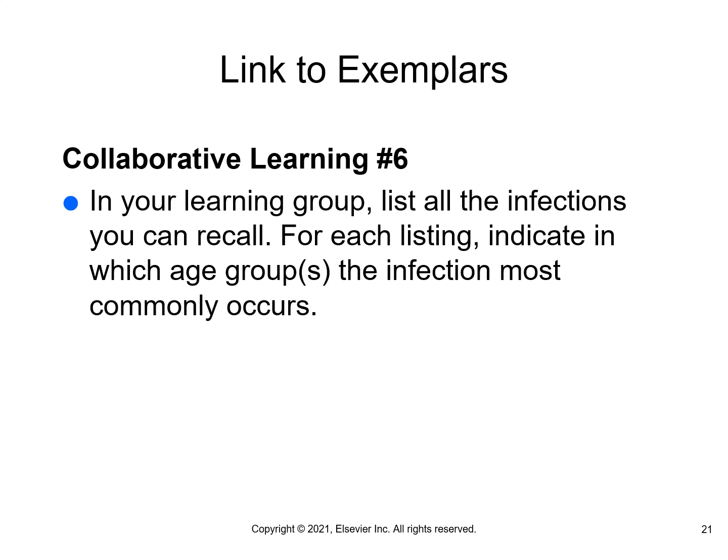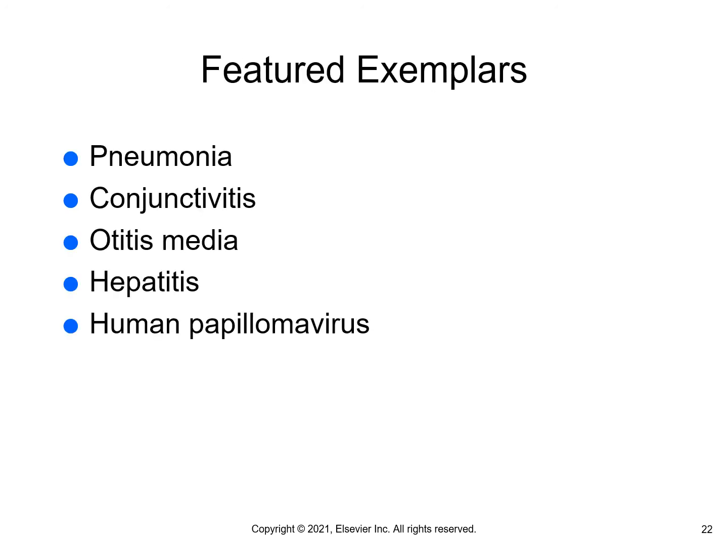We need to discuss those, and I would like you to look at your book. Your book talks about pneumonia, conjunctivitis, otitis media, hepatitis, so just know what all those infections mean.